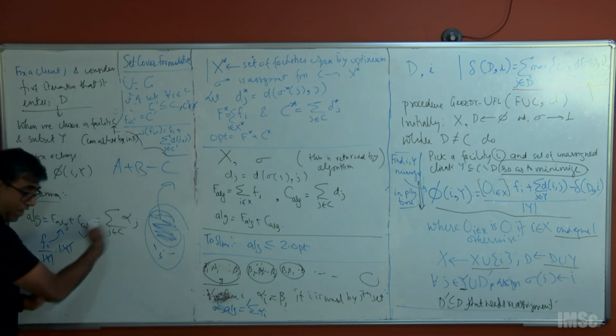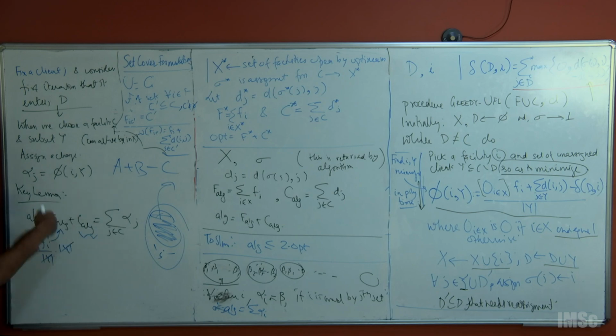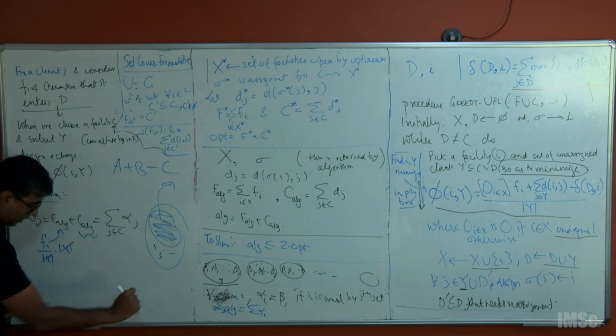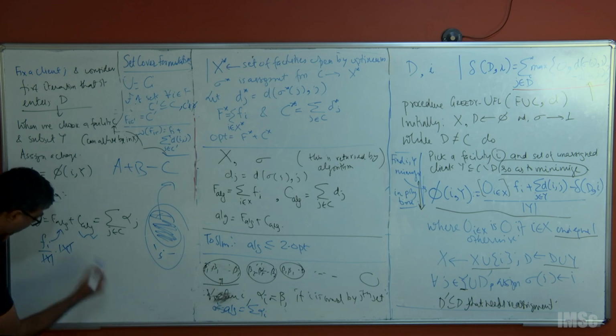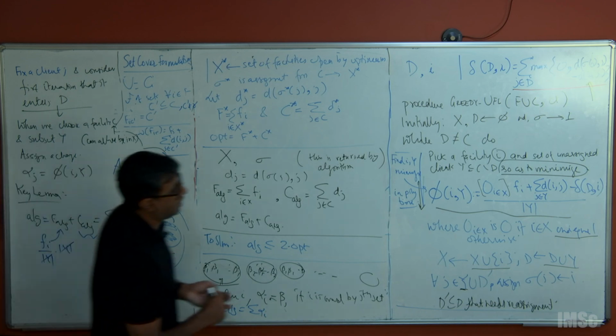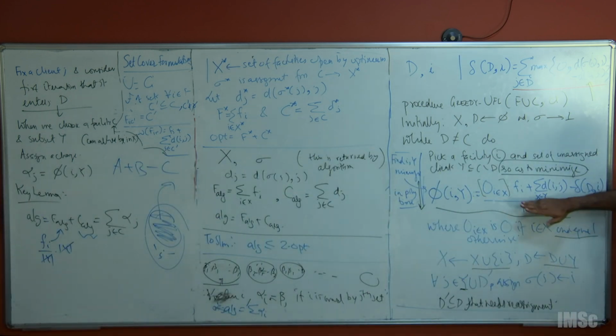So everybody else is taking care of this. Think of it this way: every time you add a set, you are actually just adding this amount to the total cost, because you have distributed this total cost to the new elements that you have added.